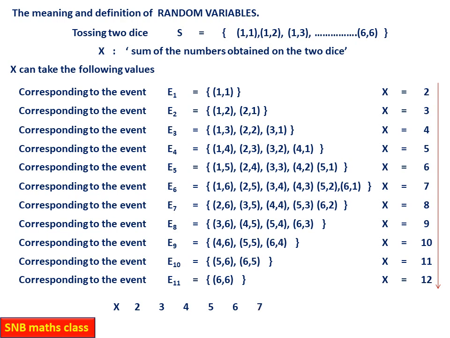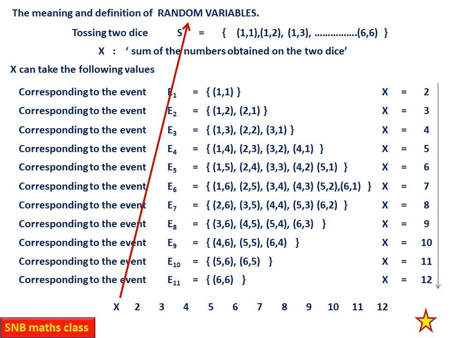That means here X takes the values 2, 3, 4, 5, 6, 7, 8 up to 12, from 2 to 12, and we call this X equal to 2, 3, 4, 5, 6, 7, 8, 9, 10, 11 and 12. This X is called the random variable associated with the random experiment.